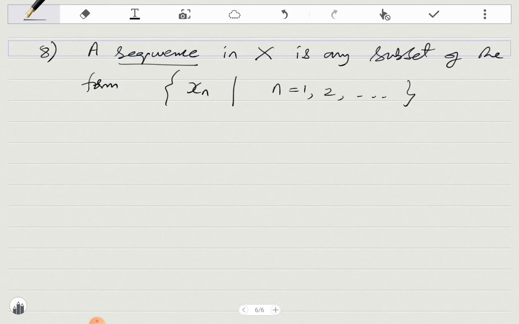When we say a countable subset, we don't necessarily have in mind a specific indexing.